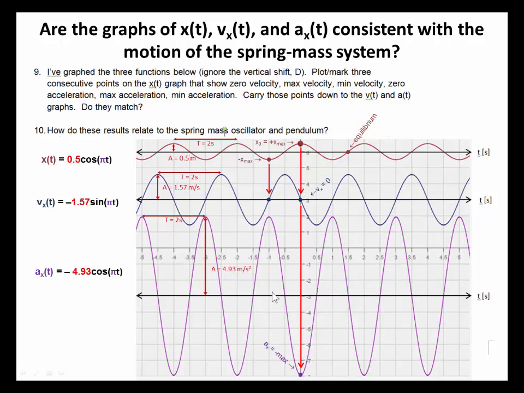Let's take a look at when we're at the other end of the spring mass system on the far left side. Well, once again, we should come to a stop again, and sure enough, we're at a stop point again. And now the spring should be pulling us in as hard as possible to the right, and it is. There's our maximum pull to the right, which is giving our maximum acceleration to the right. For our equilibrium point, we'd expect that's our maximum velocity, either in the positive direction or in the negative direction.